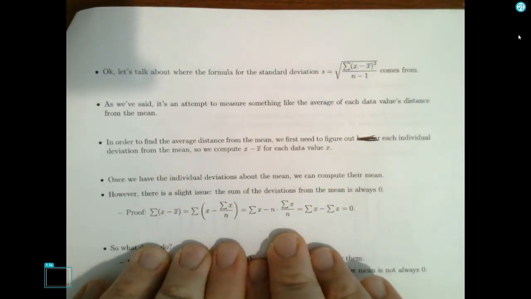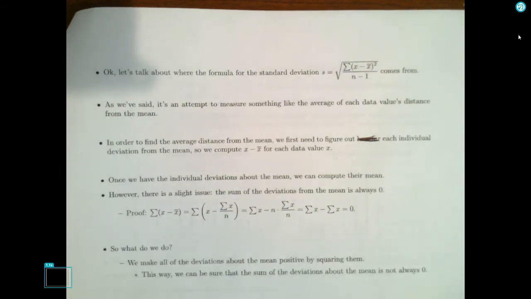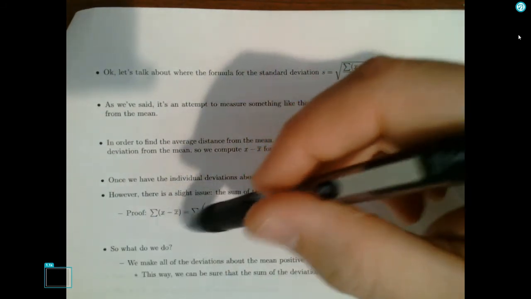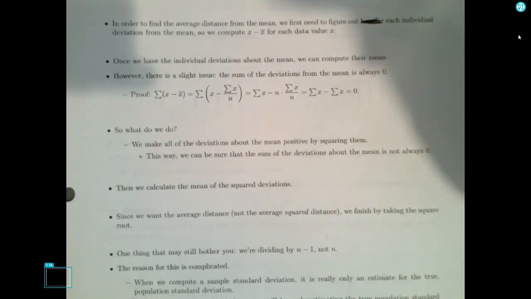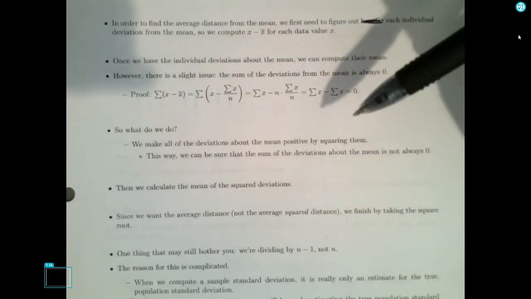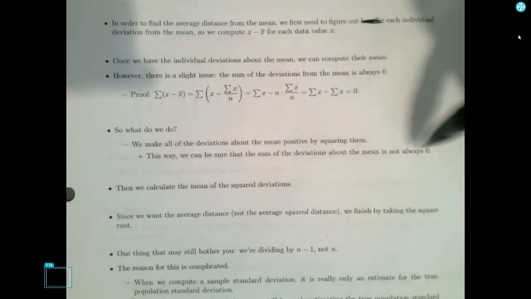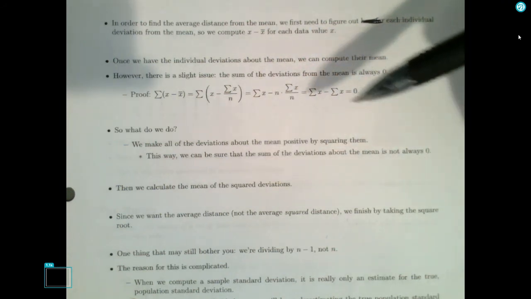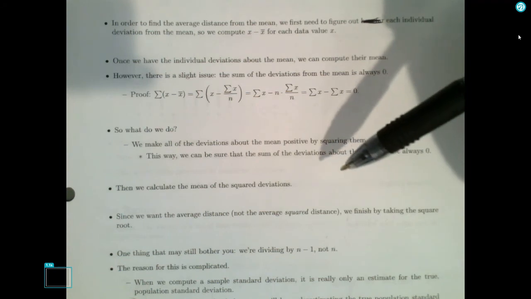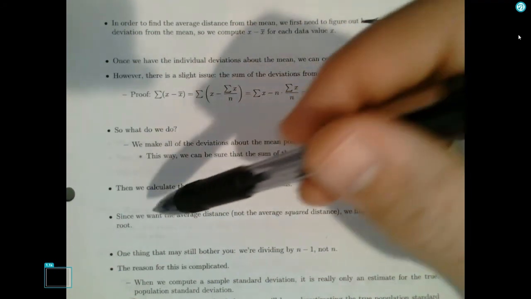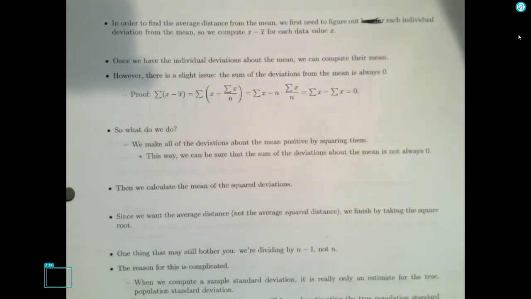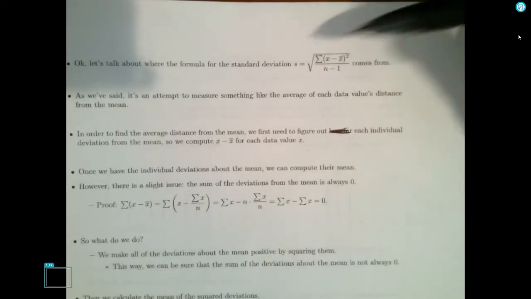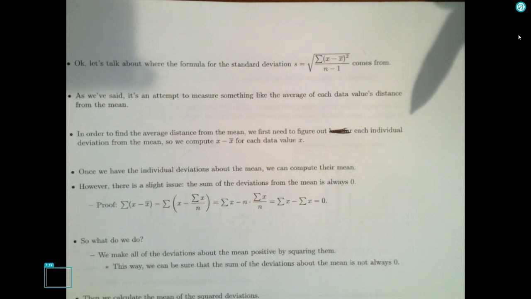You don't have to understand all the details here, but the moral of the story is that if you don't square the values, you're always going to get 0. And so we square the values so that we make them all positive, and that way, when we add them up, we're not always going to get 0. Then we calculate the mean of the squared deviations. And since we want the average distance, not the average squared distance, we finish by taking the square root. So that's basically what leads us to this formula.